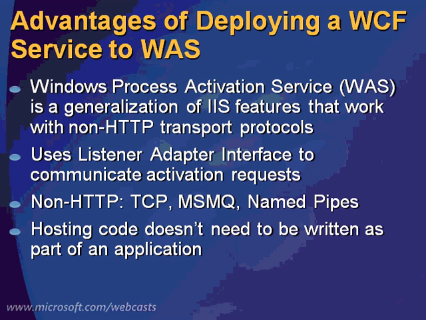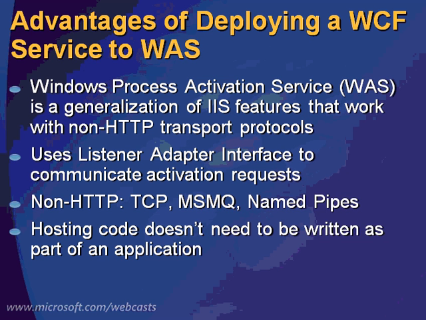But this allows us to have a number of different protocols, and we do this using a listener adapter. The listener adapter interface communicates with the activation requests, which then go out and start our service when we need it. We can support the non-HTTP types of protocols, and just as in IIS, we don't have to write any hosting code in order to be a part of the application when it's hosted by WAS.